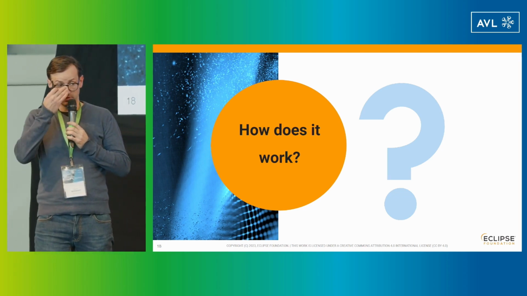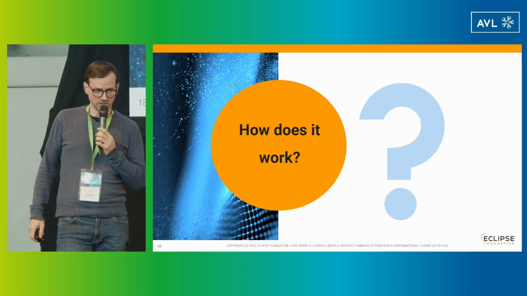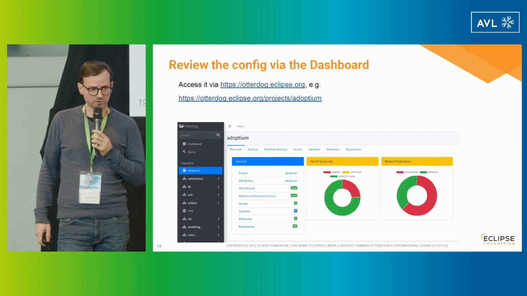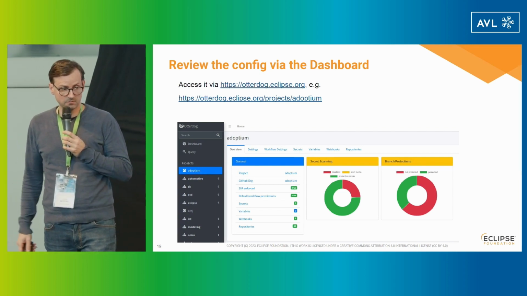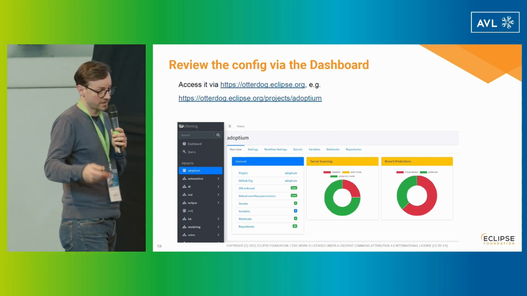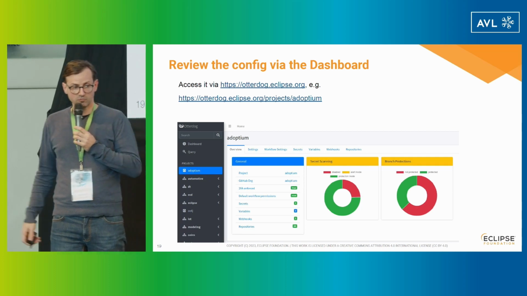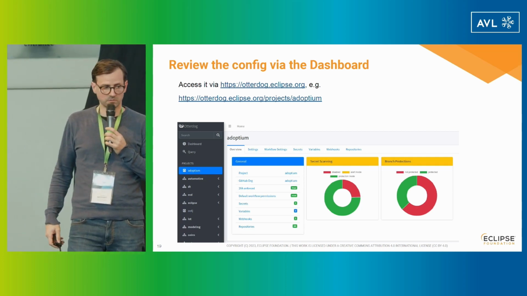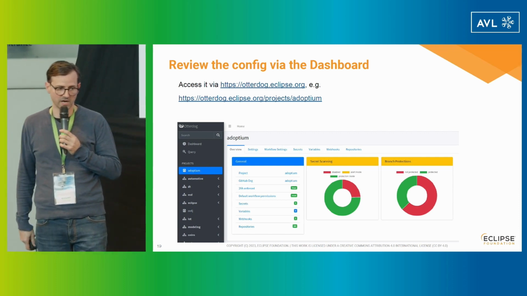So now I would like to give a quick showcase of how it actually works in practice if you want to use that service. First of all, there is a dashboard that you can access via this link. There you see all the projects that have this enabled already, with some initial graphs about certain things that we deem important to highlight.